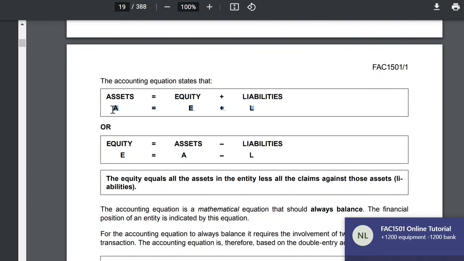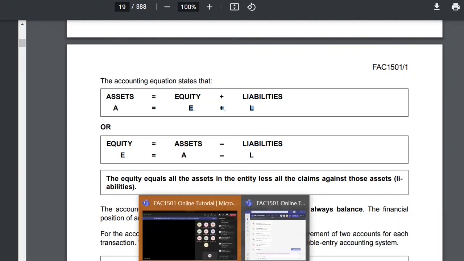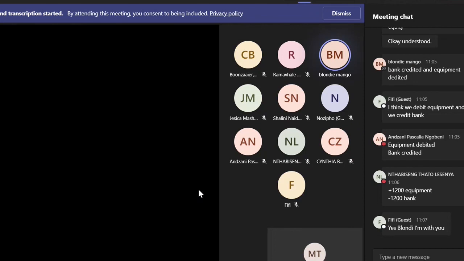So it will be minus bank under assets, 1,200, plus equipment 1,200, equals 0 equity plus 0 liabilities. Can you see that it's 0 equals 0? Our equation balances. Guys, well done.